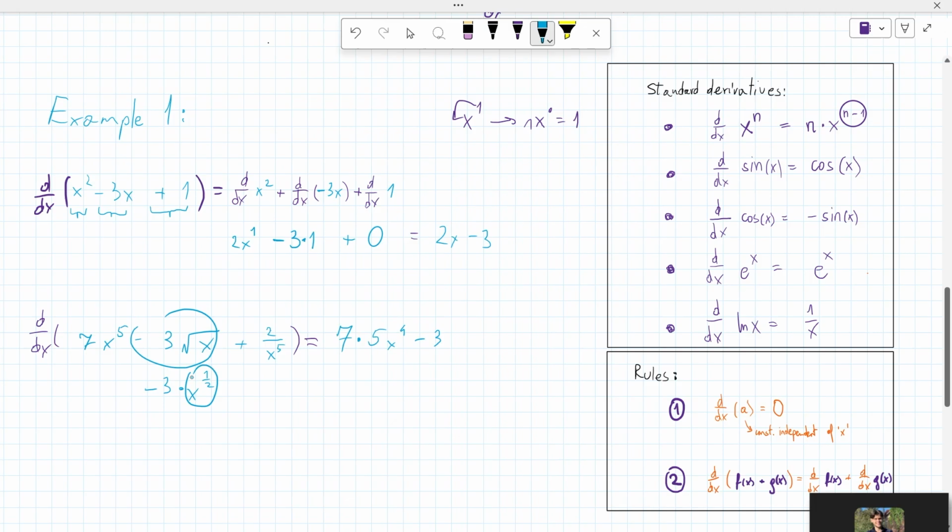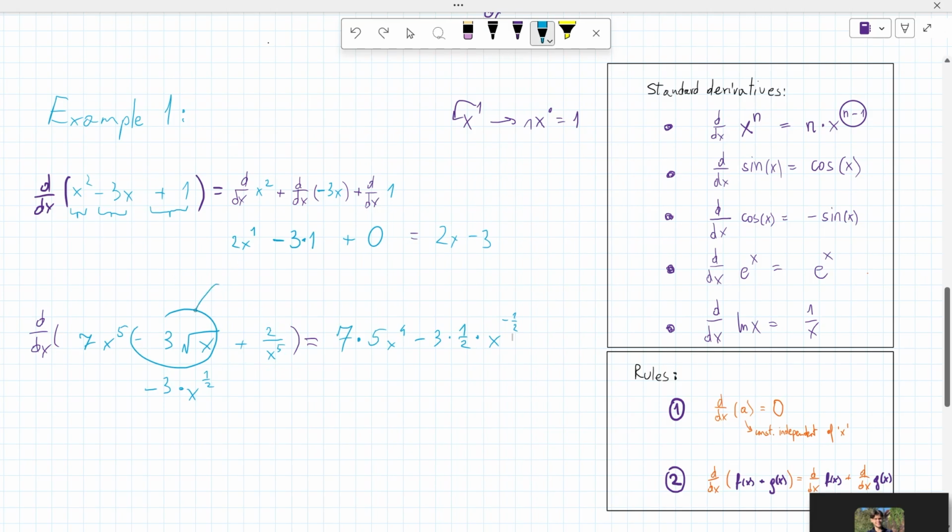And now what's the derivative of x to the power of a half? It's going to be half, exponent goes to the front, half times x to the power, which is 1 less than a half, so a half minus 1, this is going to be negative a half.